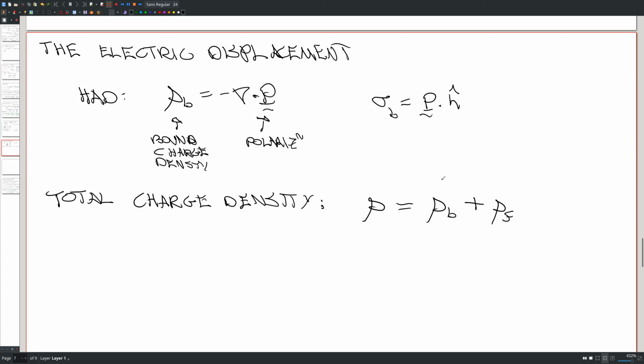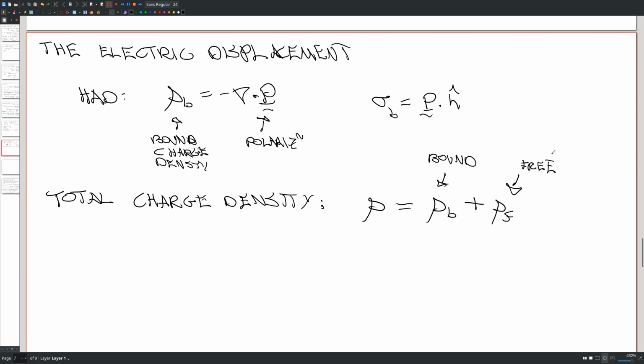So this is bound charge. And this is the free charge. Okay, maybe this nomenclature needs to be updated one day, but then you've got a lot of books to change.